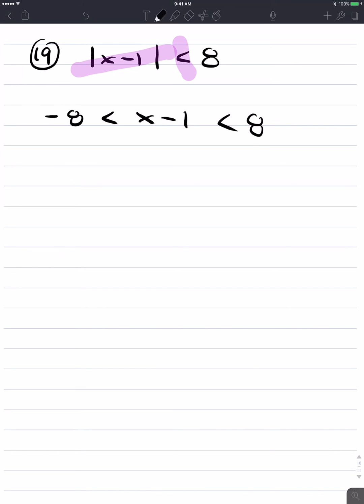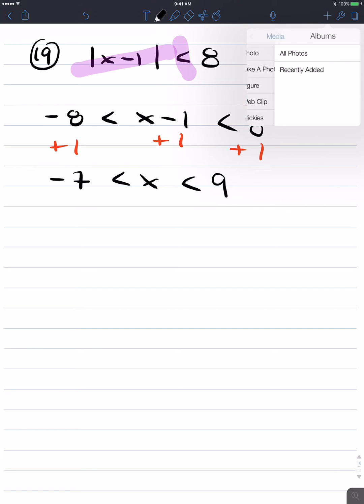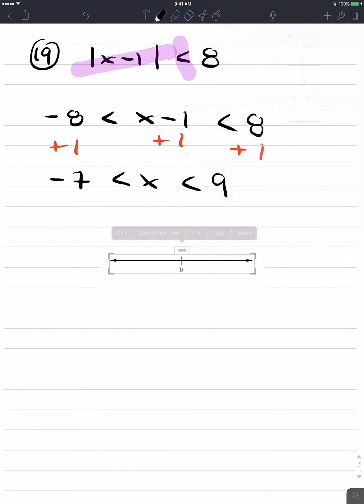We can solve for x by adding 1 to the middle, 1 to the right, and 1 to the left. We get negative 7 less than x less than 9. These are numbers that are between negative 7 and positive 9.